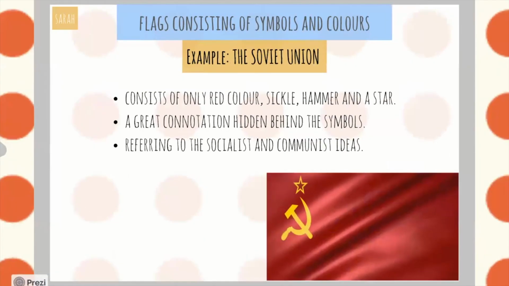An example of flags with colors and symbols is the Soviet Union's flag. It is a flag consisting of only the red color with the symbol of sickle, hammer, and a star. Although they are three simple symbols, a great connotation is hidden behind them by referring to the socialist system of the country, which adopted the idea of the social ownership of the means of production and workers' self-management of enterprises.